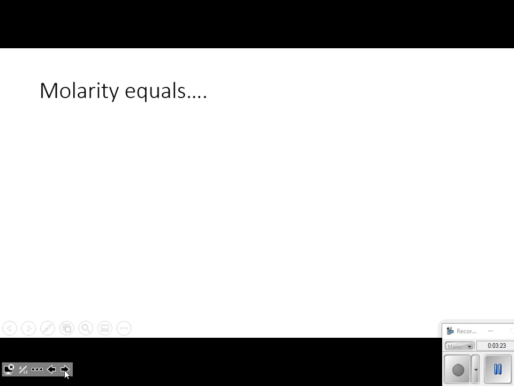Now, molarity. Molarity is equal to the number of moles of the solute divided by the liters of solution.